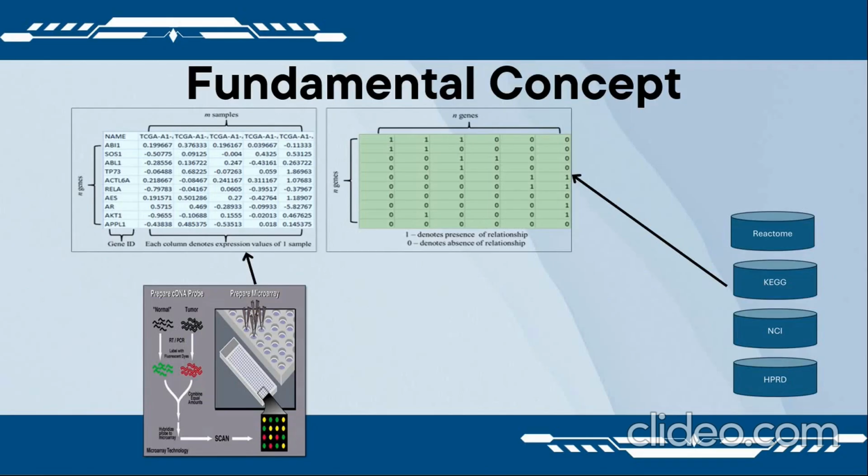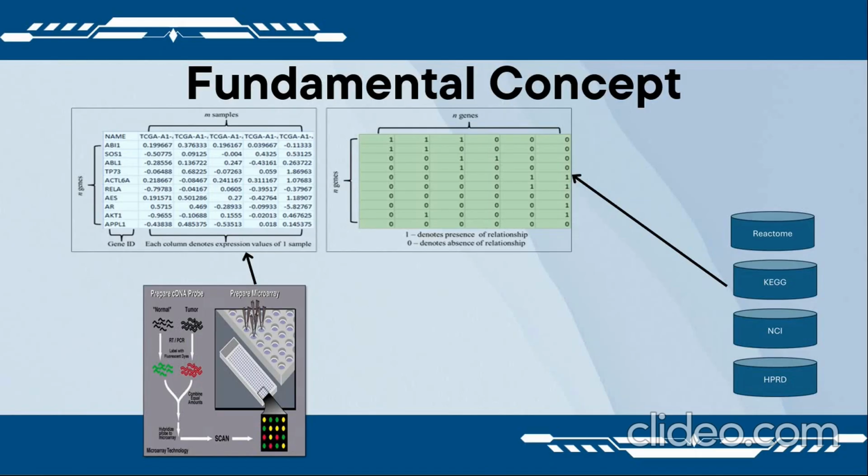Our work begins with two key data sources: gene expression data, showing which genes are active and by how much in a cancer sample, and we source this from large-scale projects like TCGA, the Cancer Genome Atlas. Gene network data, on the other side, maps how genes interact and work together in pathways from curated databases such as Reactome, KEGG, NCI, HPRD, and so on.